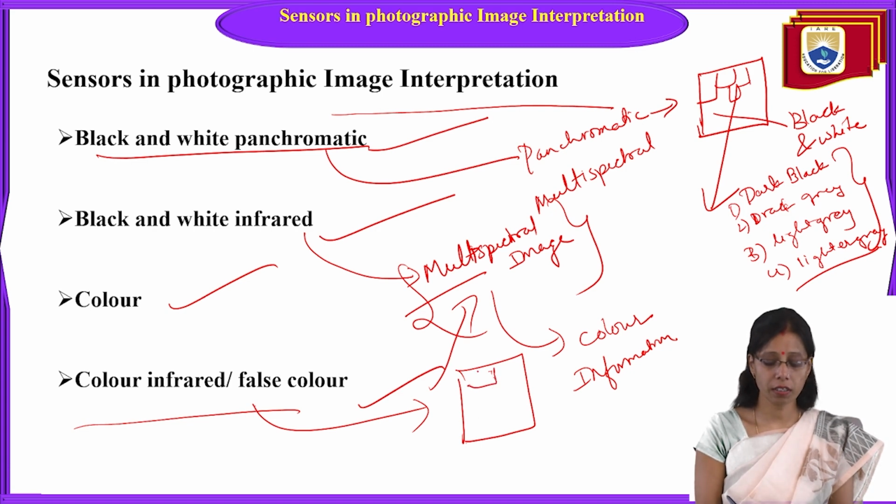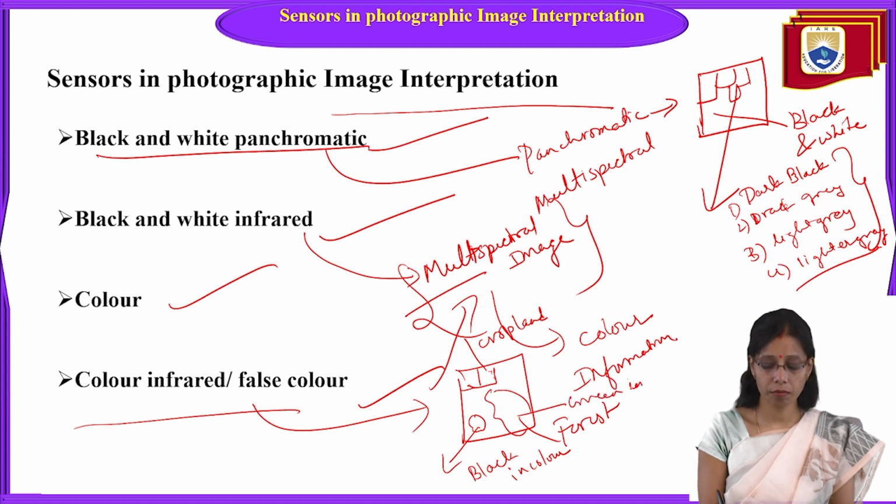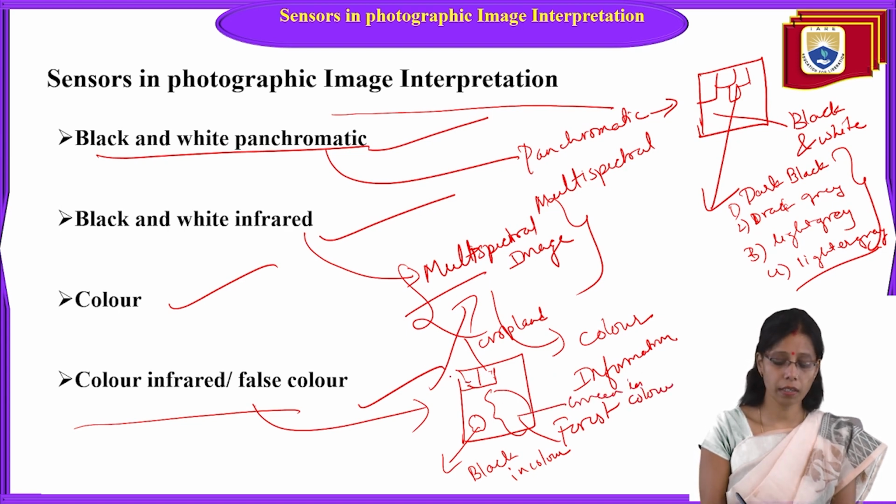If it is vegetation, like a crop field, a forest area, a cropland, and if it is a water body, these colors will not be in the original color. Water body will be black in color. Okay. Forest will be green in color. And here vegetation will be red in color.